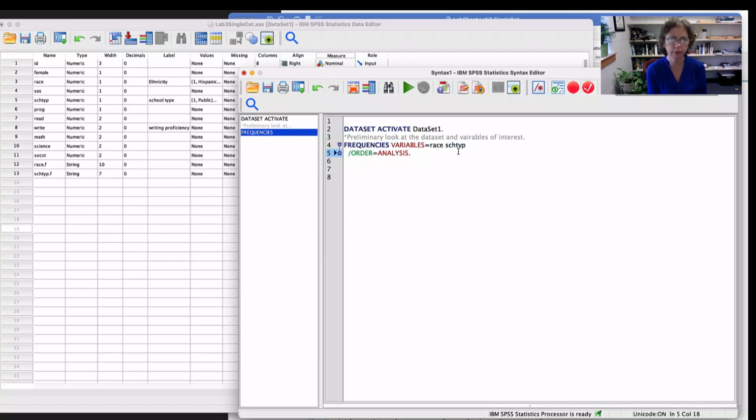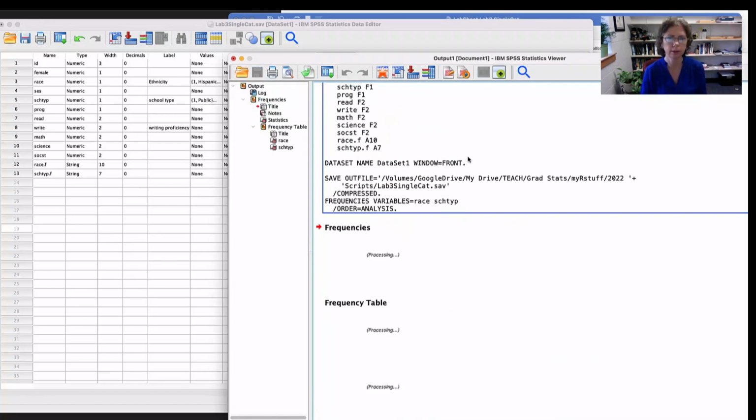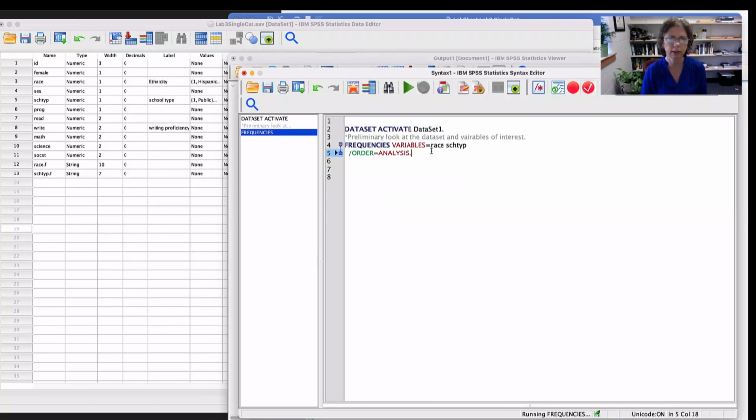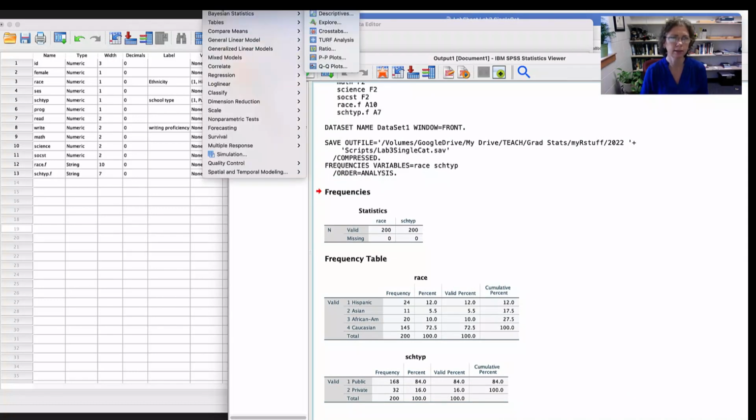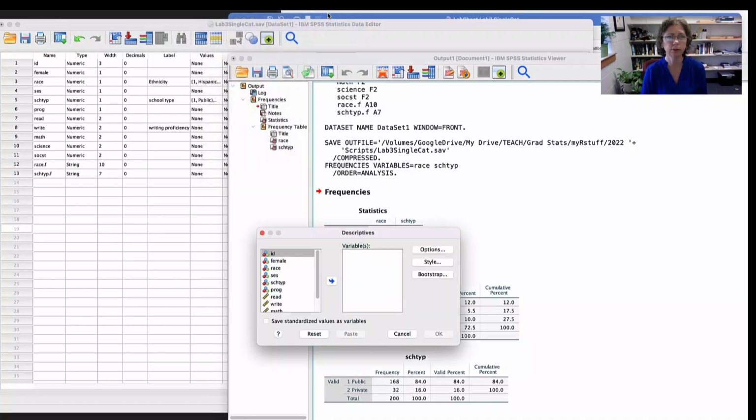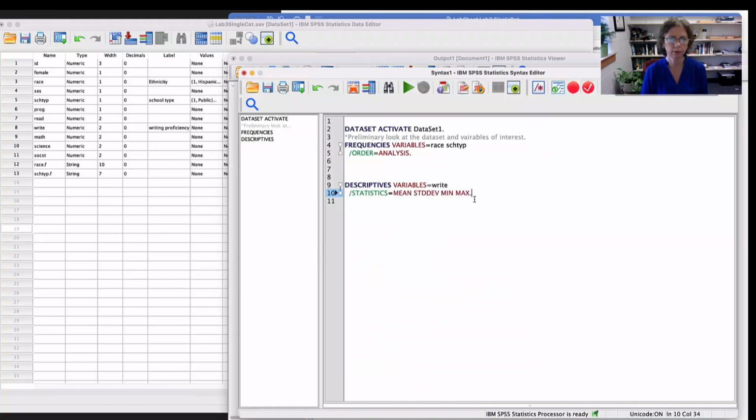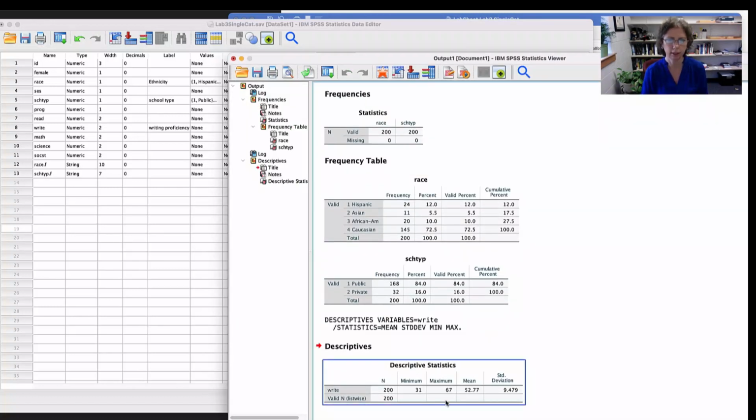Command R will run as a keystroke, or you can just grab the syntax and use the green arrow. So I have race and school type. And I also want to get Analyze, Descriptive Statistics, Descriptives for the continuous outcome variable of write. And there I have the average for write is 52.77 and the standard deviation for write.